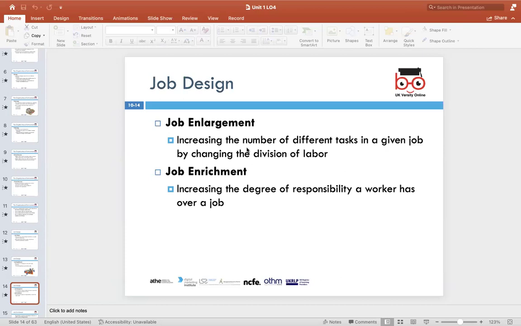So that's how you look at job enlargement, basically giving them a change in tasks, making sure that they aren't tired or bored from doing the same thing again and again. And job enrichment would be giving them additional responsibility. So apart from the job that they're already doing, you might tell them, you know what, you might also look after the quality of the products.